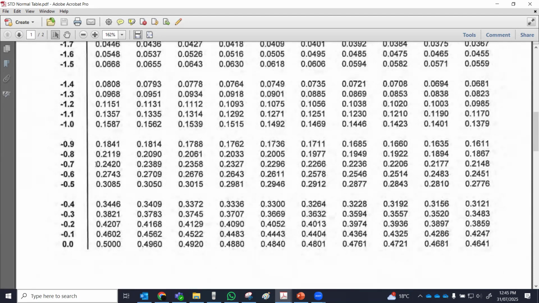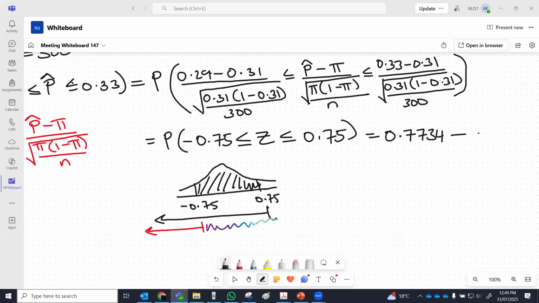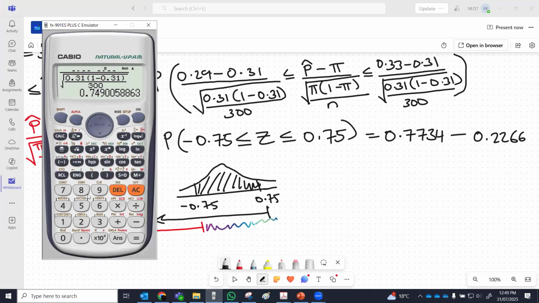So this is a negative 0.7071, 2, 3, 4, and 5. So 0.2266, we write it here.